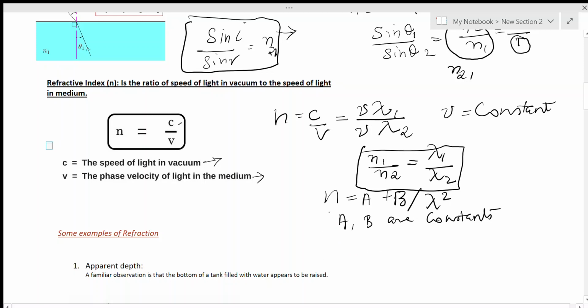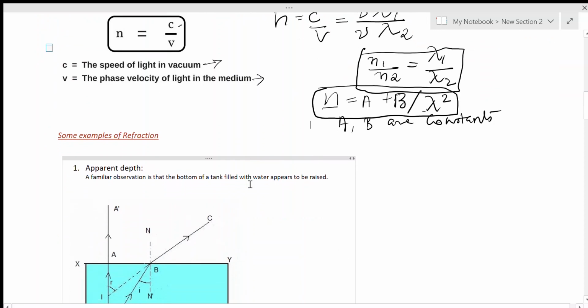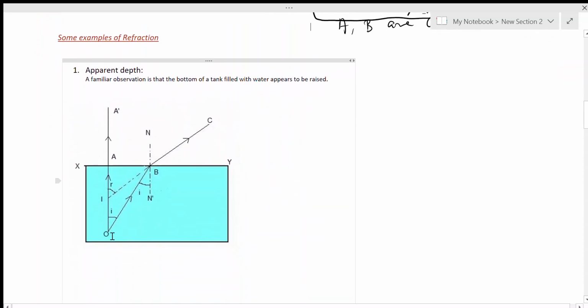There is a relation between n and lambda. So when color of light questions are asked, you can use this formula, n equal to a plus b by lambda square.